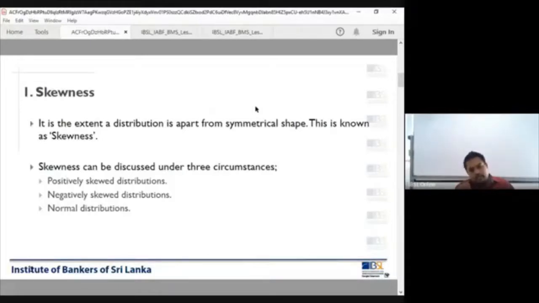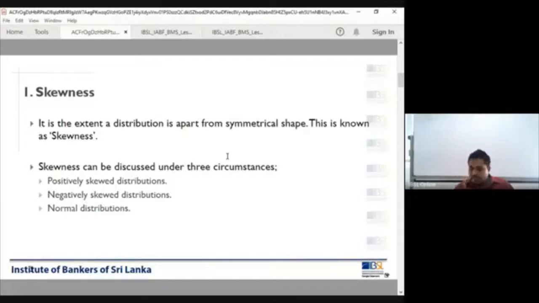Now, the first concept that we are going to touch upon today would be a concept called skewness. The extent to which a distribution is apart from a symmetrical shape is known as skewness. So we'll see what they mean by this symmetrical shape and the extent it is moving away from that symmetrical shape.